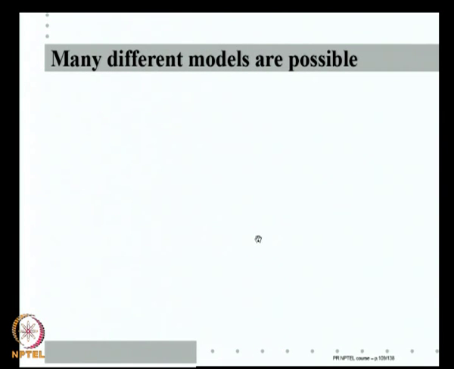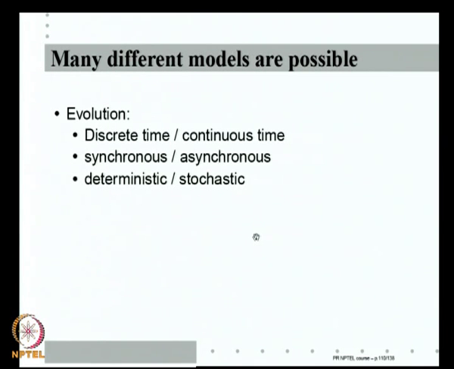Let me come to feedback later, but let us ask what are all the possible models we can think of. One is where the models work in discrete time or continuous time. All the units compute their outputs together in a clock fashion like a digital computer, or everybody does so at some random time of their choice.